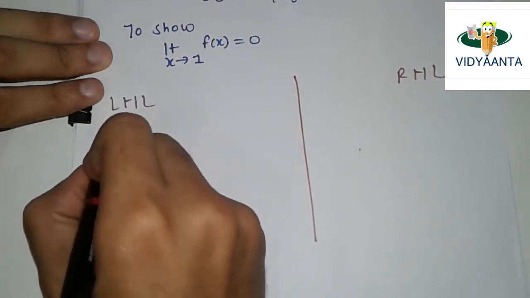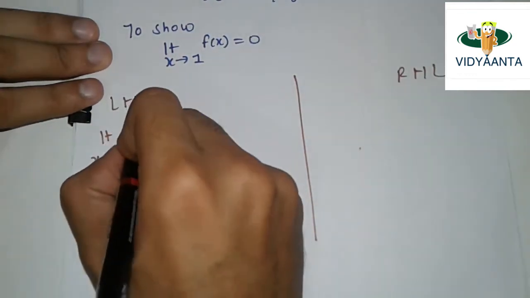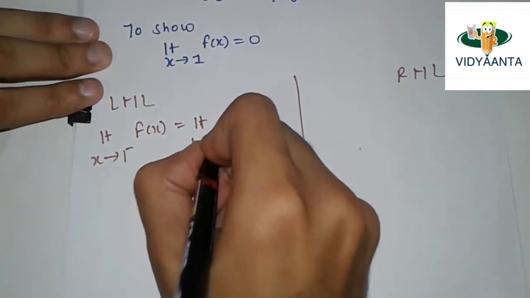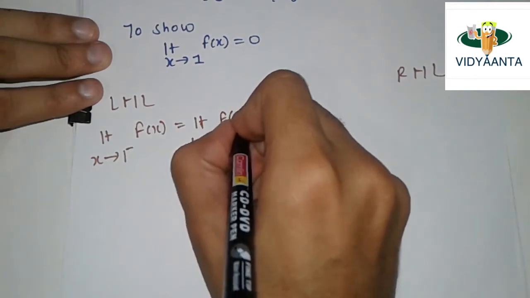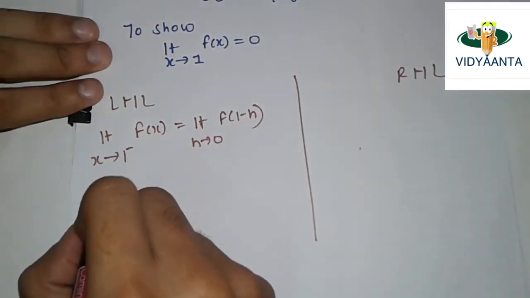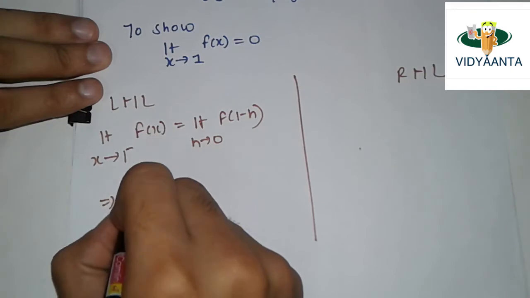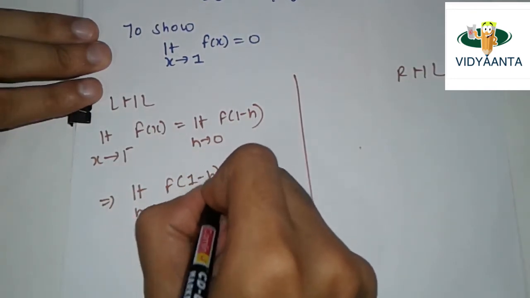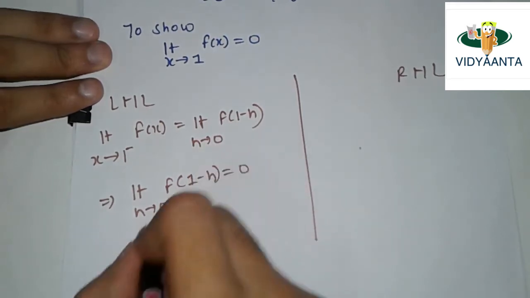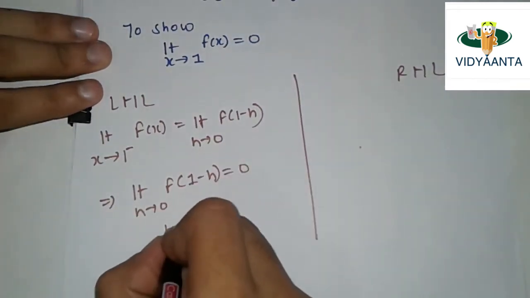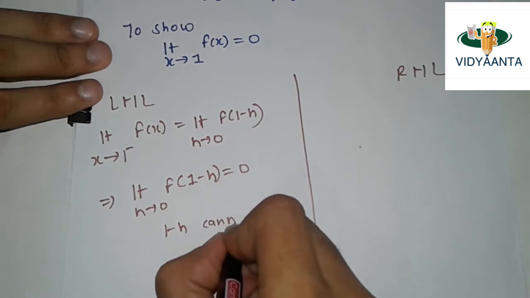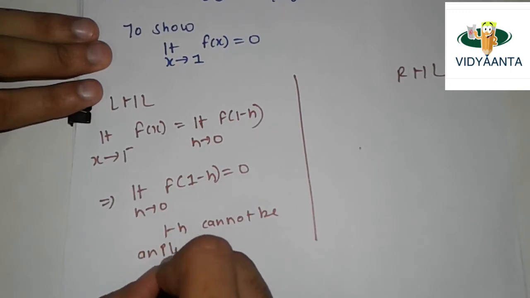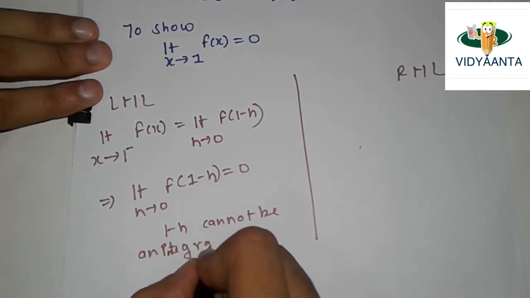Limit x tends to 1 minus of f(x) is equal to limit h tends to 0 of f(1 minus h). You can write that limit h tends to 0 of f(1 minus h) must equal 0, as it is clear 1 minus h cannot be an integral value.